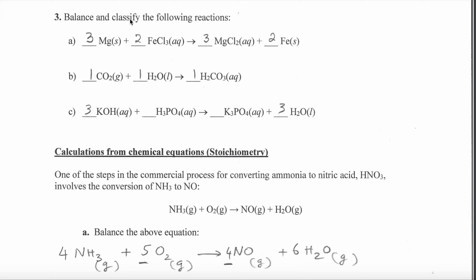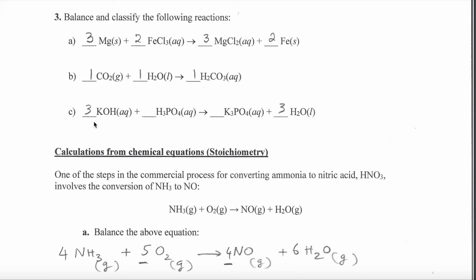All right, now to classify the reactions, the first one, because we have a single element right here, Mg, we call this a single displacement reaction. It's very simple, okay? When you got two compounds, CO2 and water, combine together to form one, that's called combination.